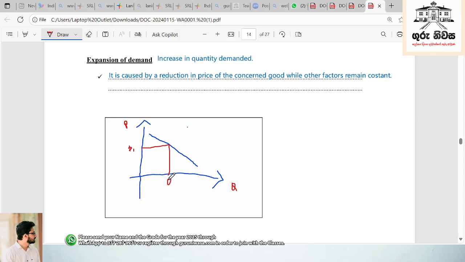You can put price values or whatever. Now what happens? The price of the concerned good decreases to P naught. Decrease in price to P naught increases demand to, let's say, Q2. This is called expansion.